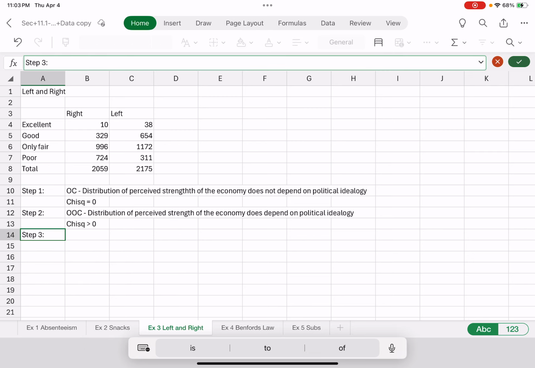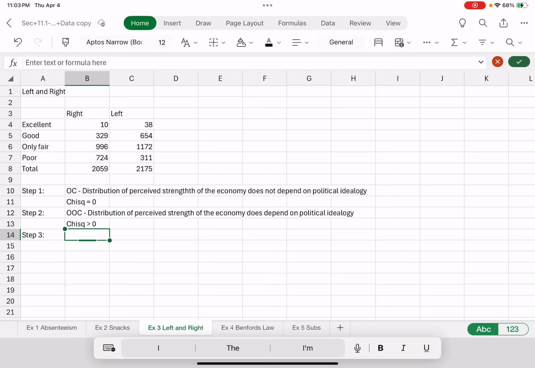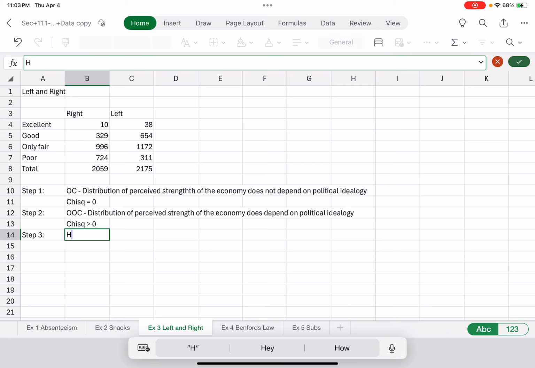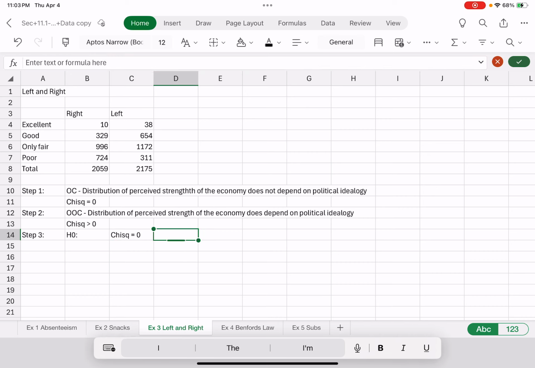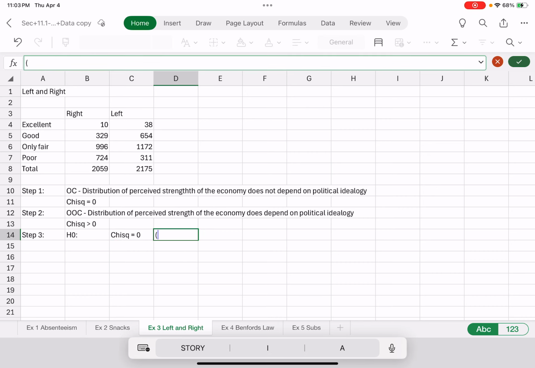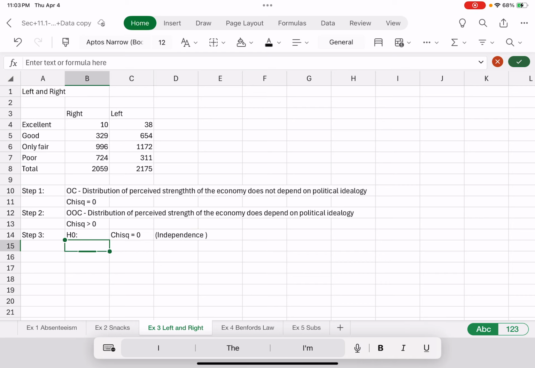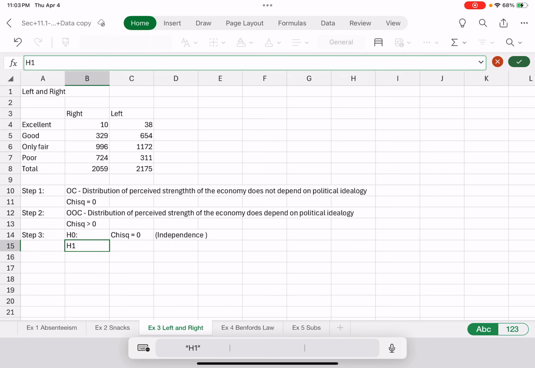Step 3 is the null hypothesis, which is going to be chi-square equals 0, which basically means independence, or they're homogeneous. These are homogeneous distributions.